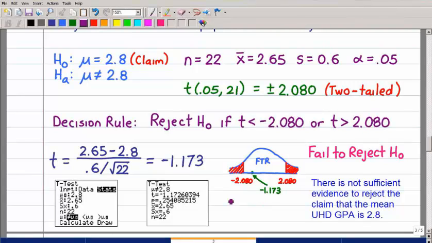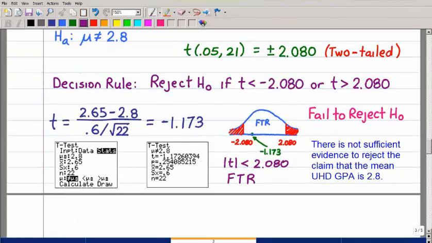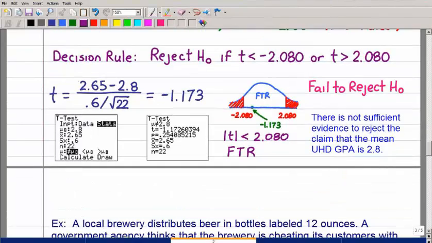So you could say the absolute value of t is less than 2.080 will be fail to reject. That's another way you can think about it. All right, so that would conclude that problem.